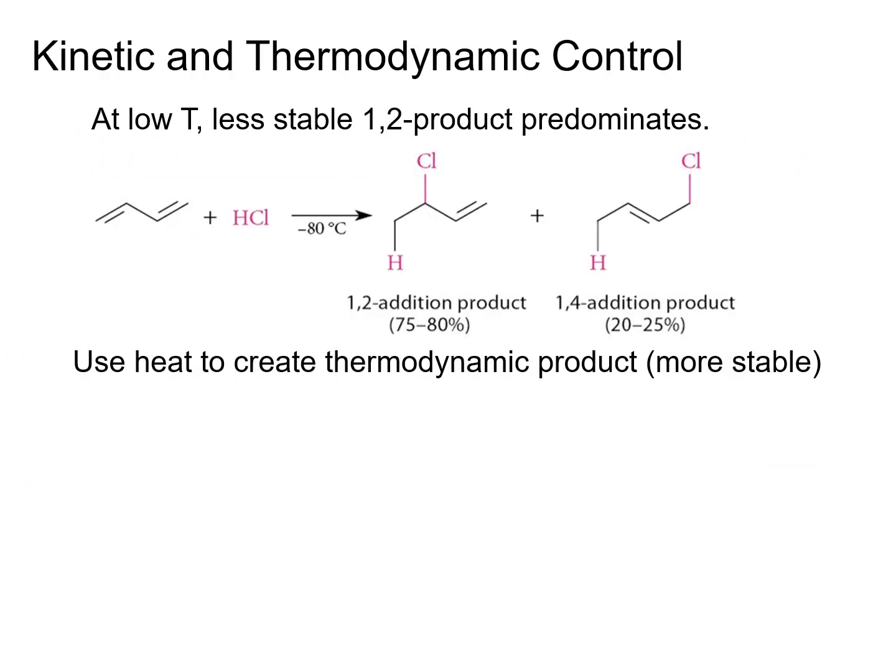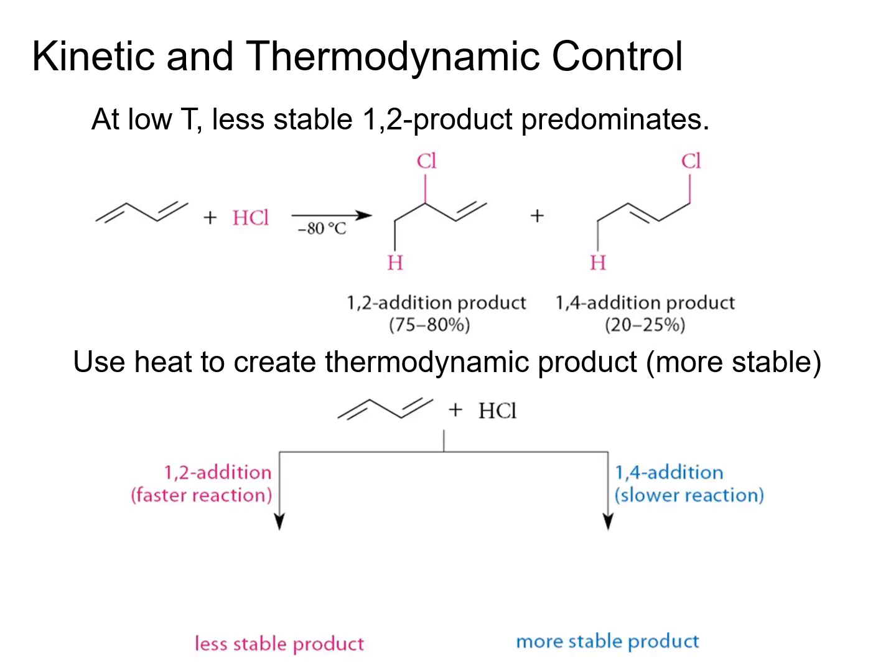This reaction also introduces the concept of kinetic and thermodynamic control. When we're at lower temperatures, even though it's less stable, we're going to be able to produce more of the 1,2 product. If you want to add heat or a catalyst, you can end up shifting to force equilibrium to generate our major product to be our thermodynamic, meaning our more stable.